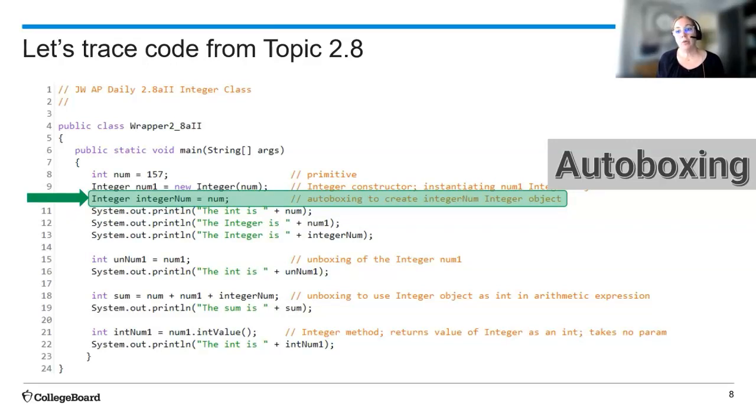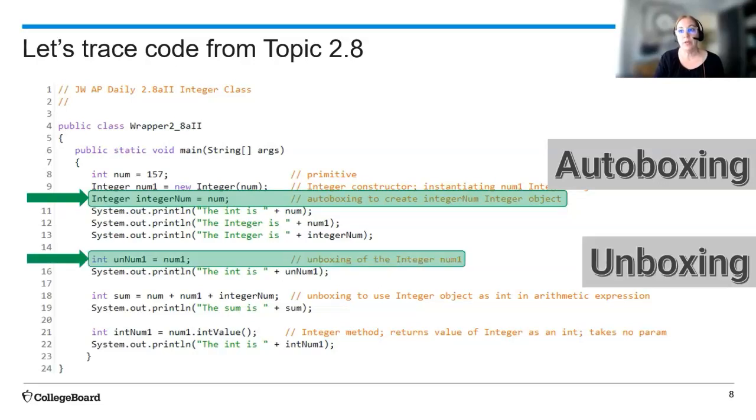Unboxing is shown on lines 15 and 18 of this program code. Looking first at line 15, you see that I created a primitive int named unnum1, going up and referencing the value that would be from the num1 object.